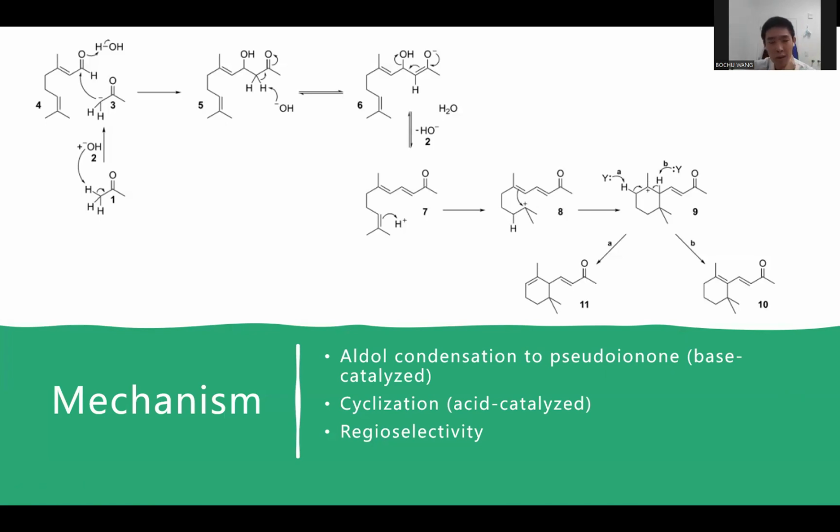So there are other methods being studied that are used to generate the gamma ionone, which actually has a stronger, better scent than the alpha and beta isomers.